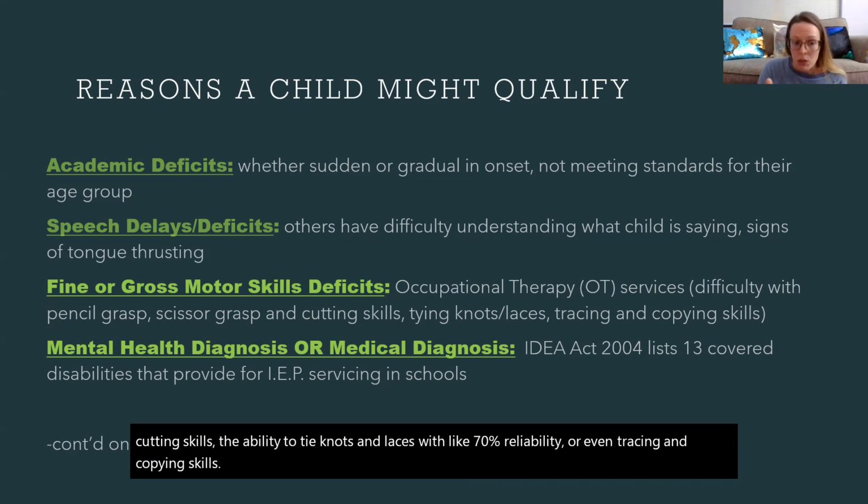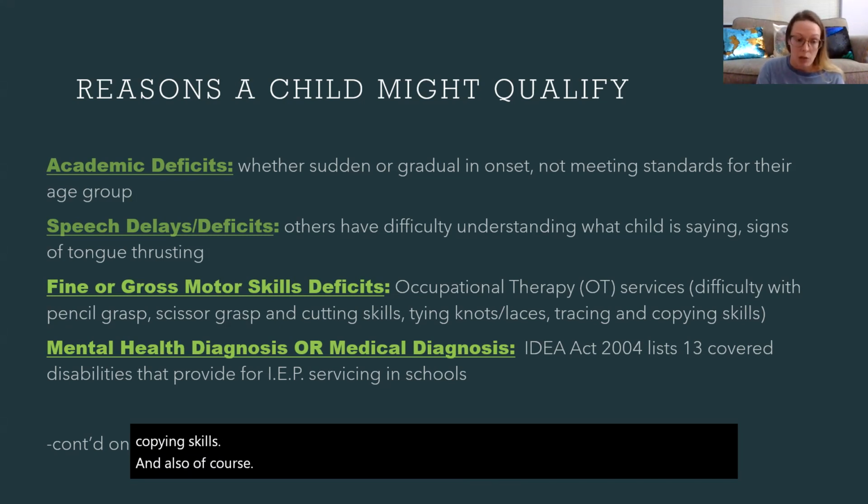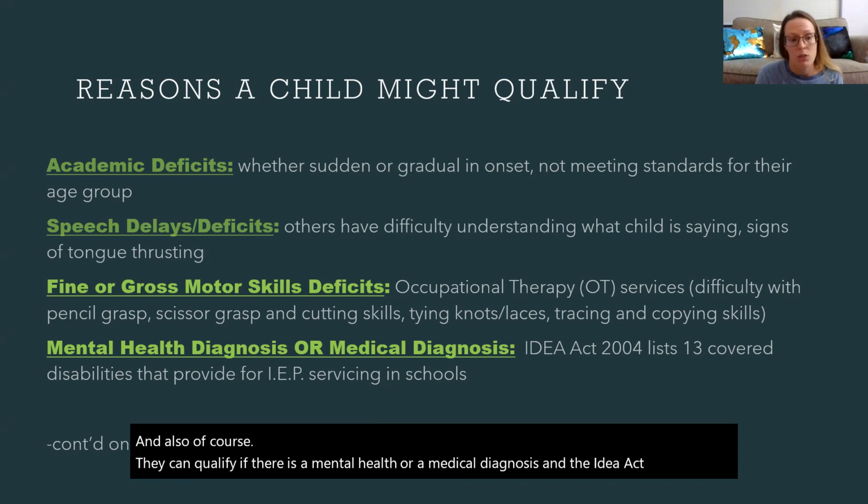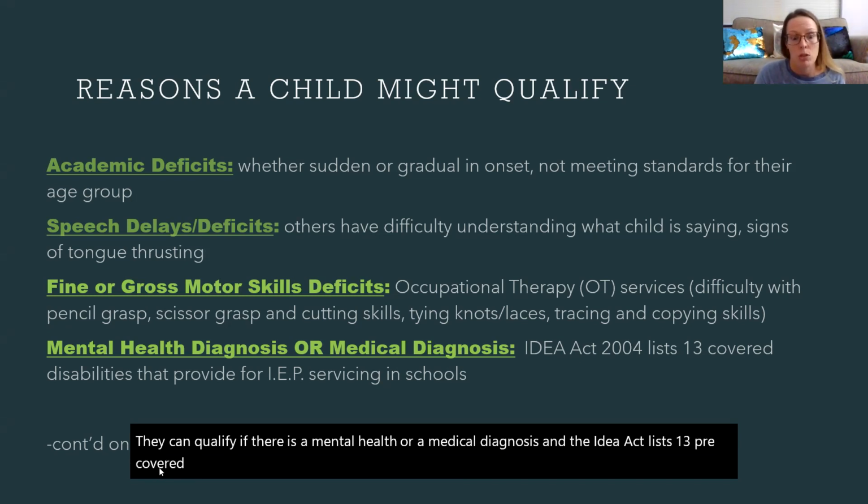And also, of course, they can qualify if there is a mental health or a medical diagnosis. And the IDEA Act lists 13 pre-covered disabilities that we're going to go over.